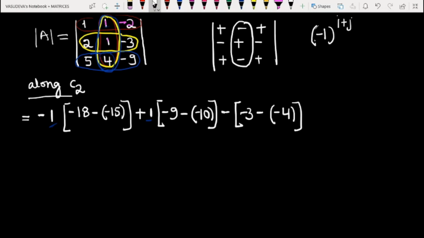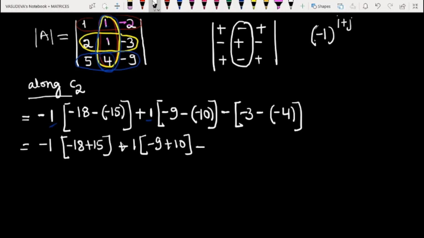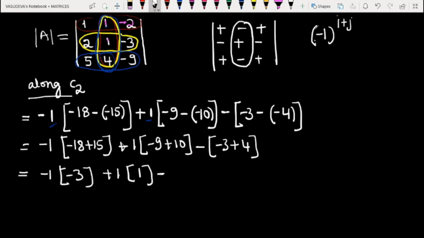Now simplifying this: minus 1 into minus 18 plus 15 is minus 3, plus 1 into minus 9 plus 10 is 1, and minus 3 plus 4.